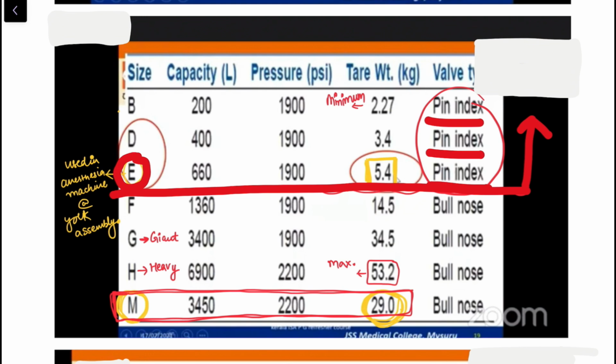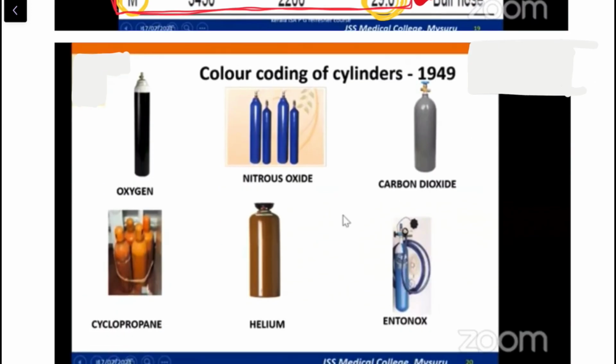In the larger cylinders though, the valve type is not pin index, it is bull nose type. This nomenclature for the cylinders, B, D, E, F, is the American type of nomenclature. In Indian cylinders, we have different nomenclature, which may vary from institute to institute.